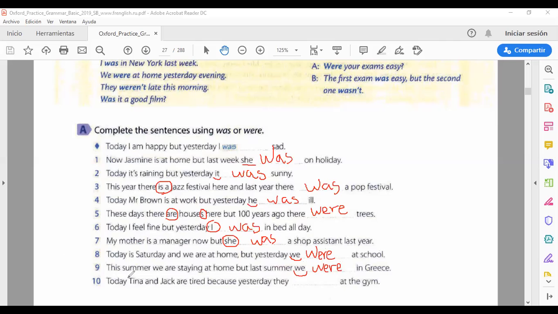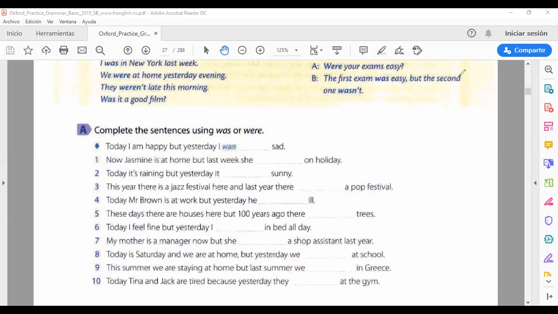Number 10, today Tina and Jack are tired because yesterday they. Now if you take a look here, we're talking about two people. This is plural form, therefore I have to use were, at the gym. Okay, good. Now let's continue.